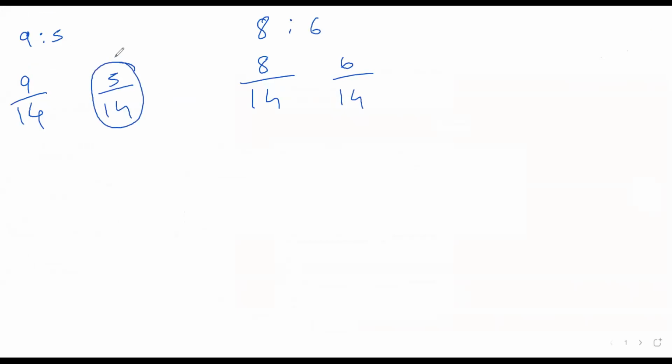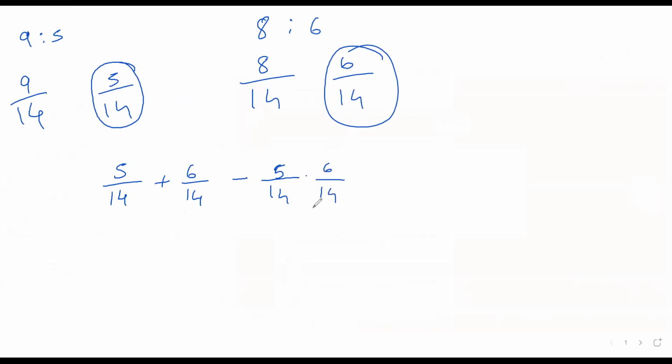Probability of being alive here is 5 by 14 and here is 6 by 14. So 5 by 14 plus 6 by 14. Either he should live or he should live or both should live. So this will be 11 by 14 minus 30 by 196.